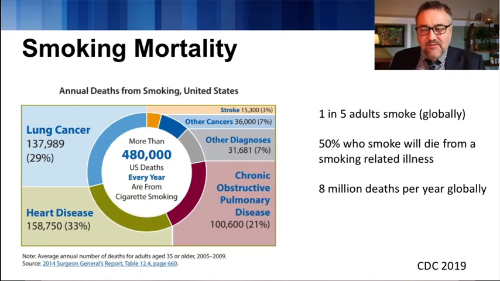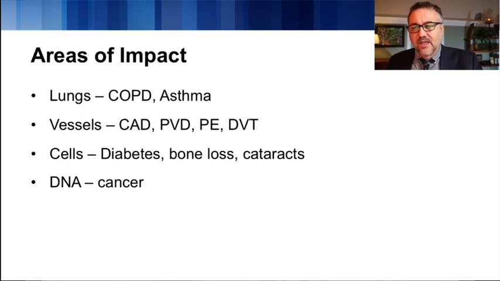In the United States, we have about 500,000 people dying per year, and it looks like about a third is from heart disease, and about shy of a third is from lung cancer. Then we have COPD, other cancers and other diagnoses after that. So the really big players here in terms of smoking-related death are actually lung cancer and heart disease, with COPD kind of coming up third.